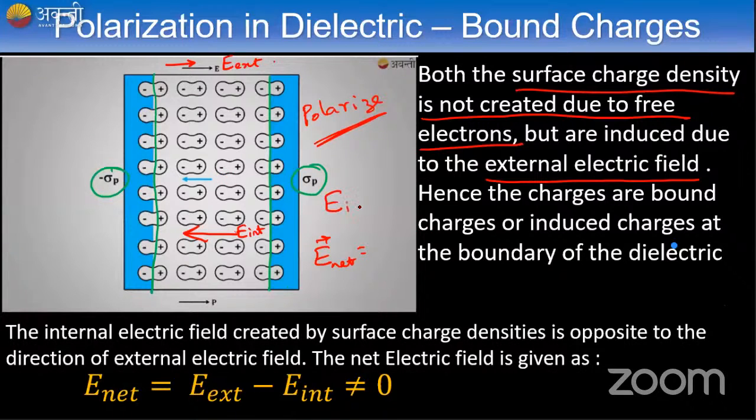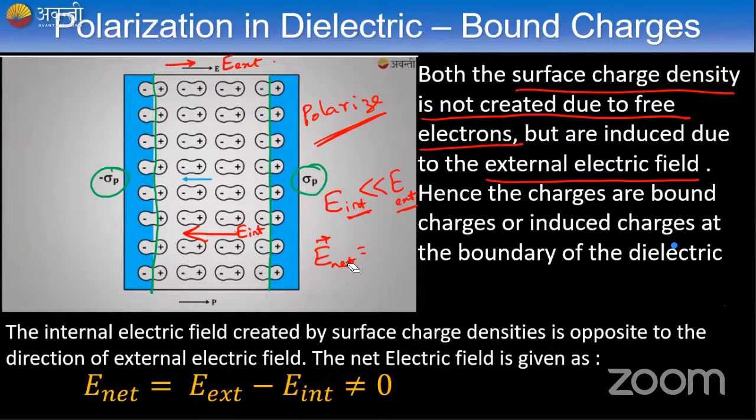Obviously, my E internal will be very much less than E external. Why? This is because only a part of this entire dielectric medium is contributing to the surface charge density. Only a part of the polarized charges is giving rise to this internal electric field. So my internal electric field is obviously less than the external electric field.